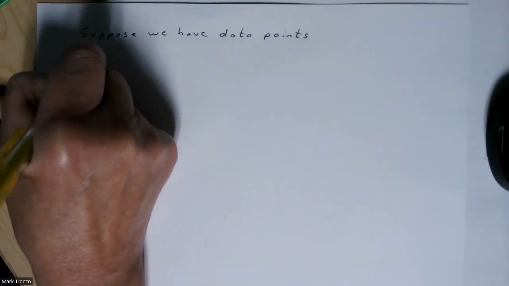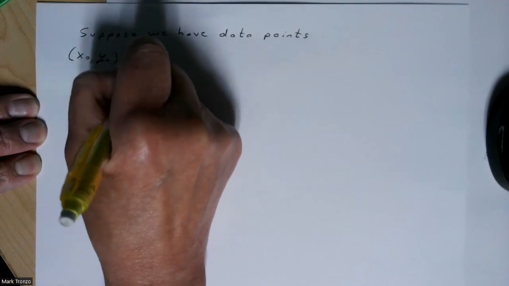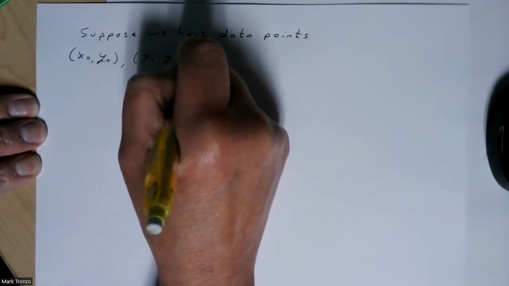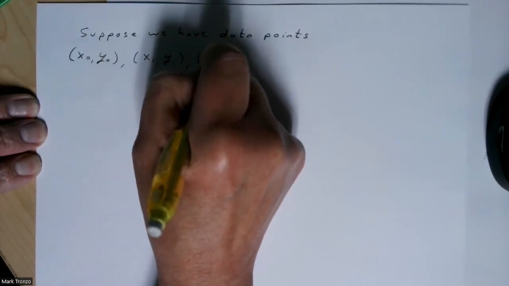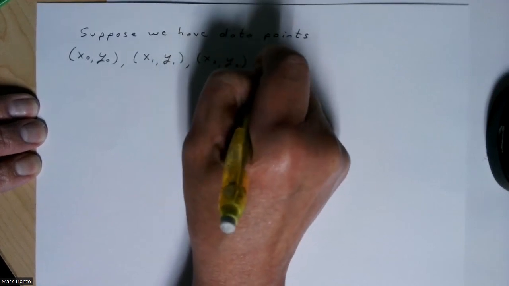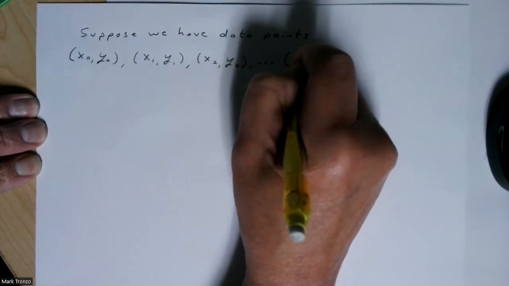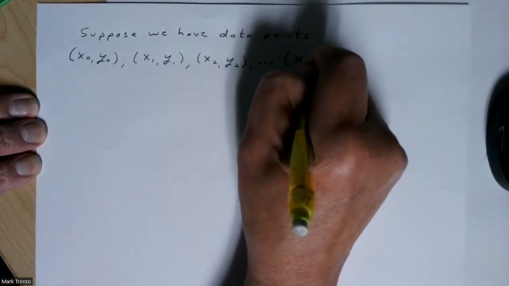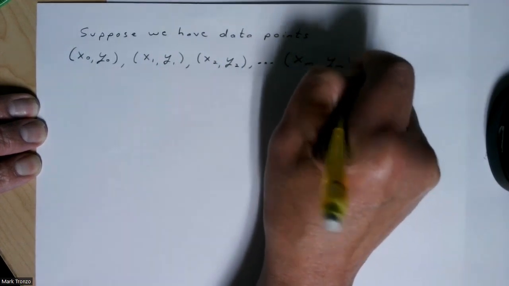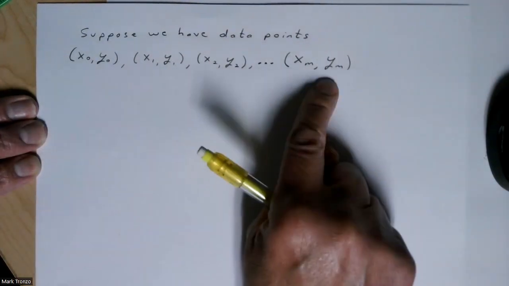And let's say we have one point x0, y0, another point x1, y1, another point x2, y2, and let's say we go all the way up to xm, ym. So we have all these points, for example.